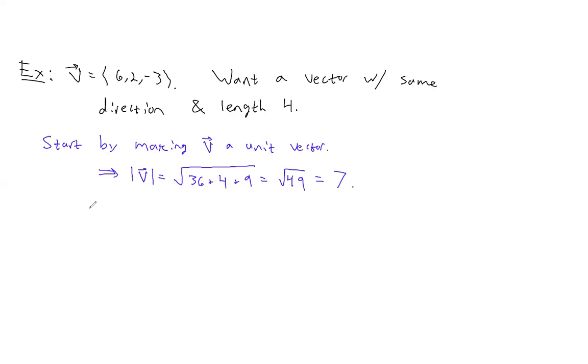We know that to begin with. So the unit vector in the direction of v is 1 over 7 times this vector, 6, 2, negative 3.